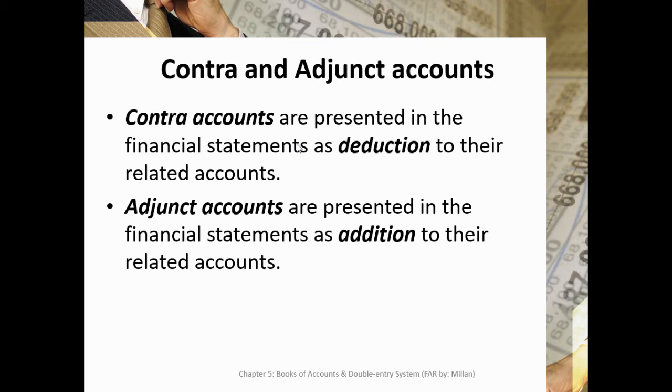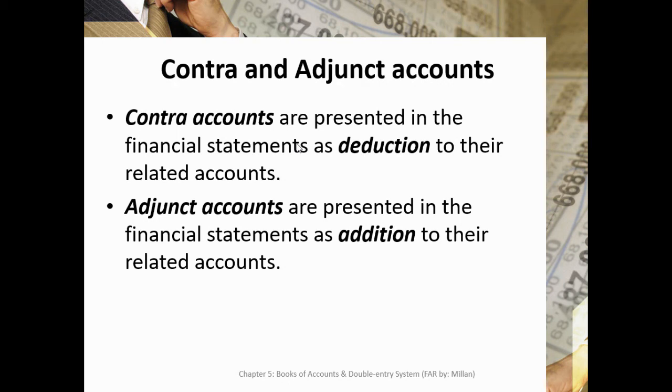Siyempre, kung ang amount ng building mo ay 500,000 at sabi mo every year bumababa siya ng 100,000, kailangan mong ibawas yung accumulated depreciation sa value ng building mo para makuha mo yung net book value niya. So, dun mo makikita na mag-partner si building at si accumulated depreciation building. At si accumulated depreciation building ay tinatawag na contra account ni building.